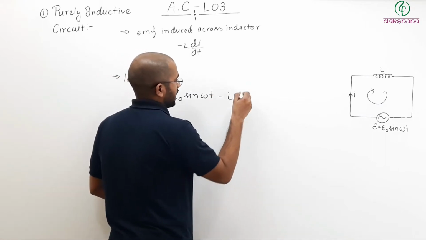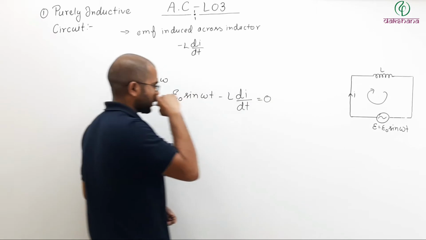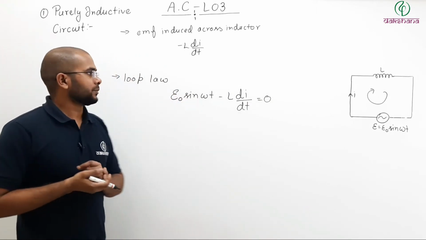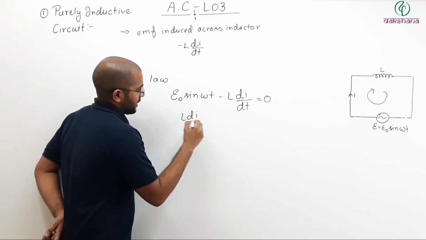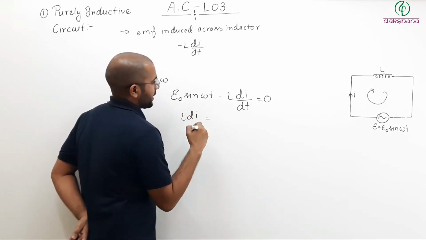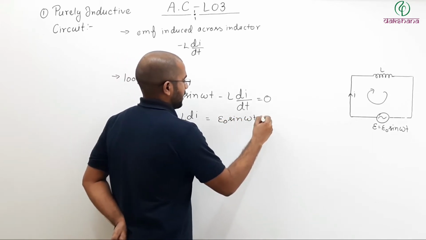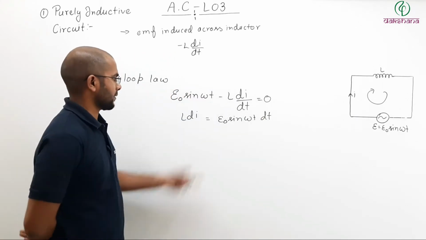So E naught sine omega t minus L di by dt, and this total must be equal to 0. Now what I can do? I can write L di equals E naught sine omega t dt, like this.